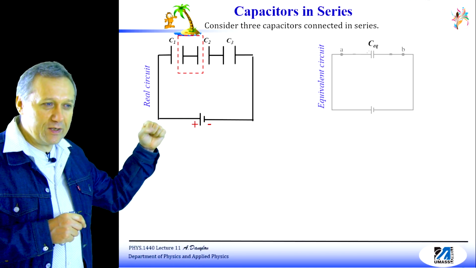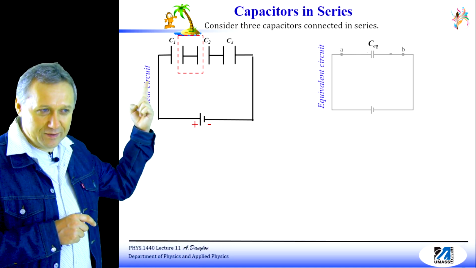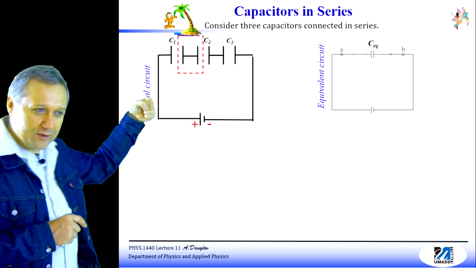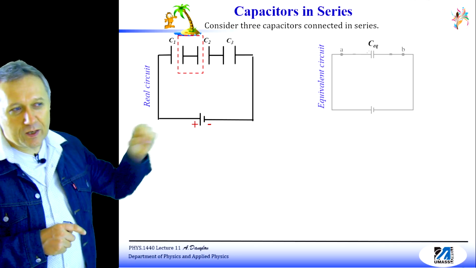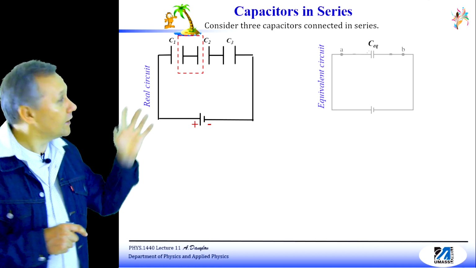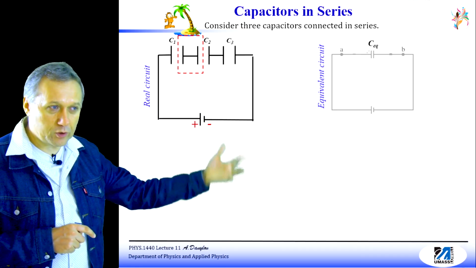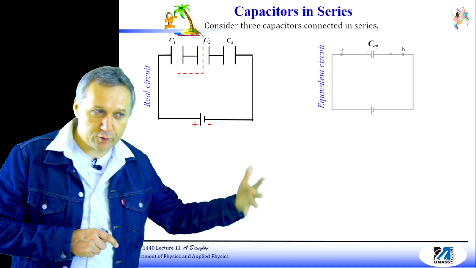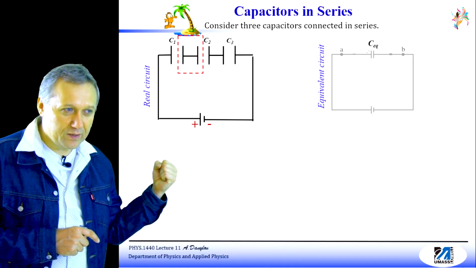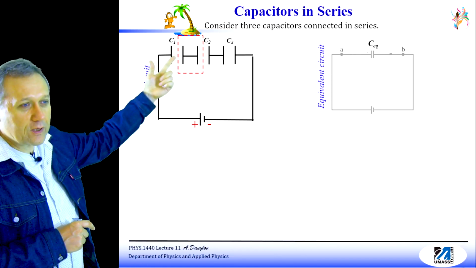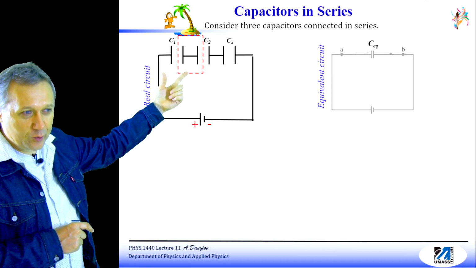Let's start from the very beginning, when there is no current in this circuit. Let's assume that here there is a switch. The switch is initially open. So what will be the total charge in the whole circuit? The total charge will be 0. Every part of the circuit will be electrically neutral, because the switch is open. And as a result, of course, that island is also electrically neutral.